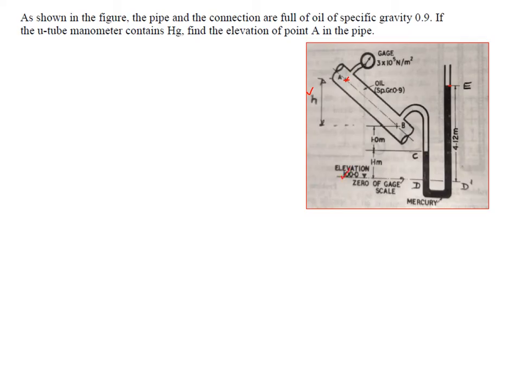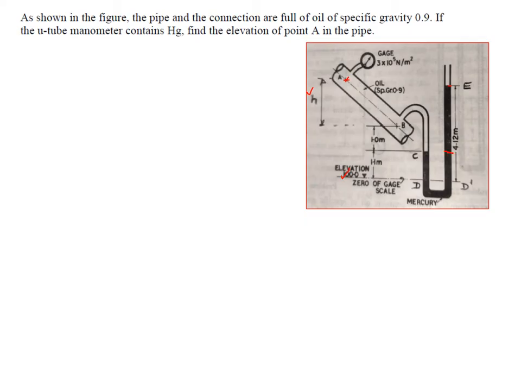For this, we should again write the manometric equation, which is one continuous liquid. Since the distances are already marked here, it is better to take the pressure at D equal to pressure at D dash. There is no harm if you take pressure at C equal to C dash; only thing is you should deduct 1.1 from 4.12 and write.